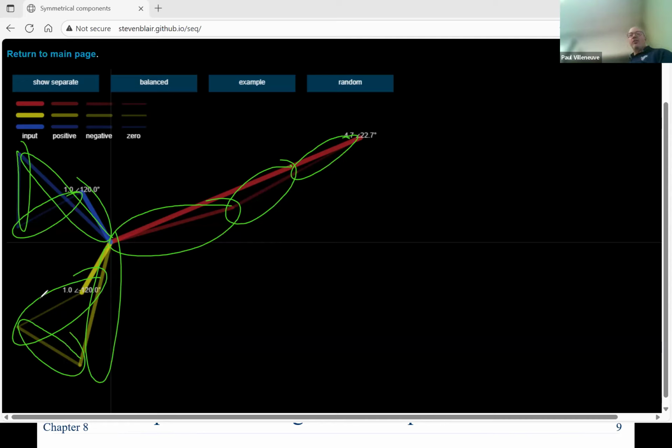But what's cool about it is the reds added together give me my original phasor. The blues, let's call that phase B, or IB1 plus IB2 plus IB0, makes our original blue vector. And the same thing for the yellows. We get those individual ones added together and we get the results.